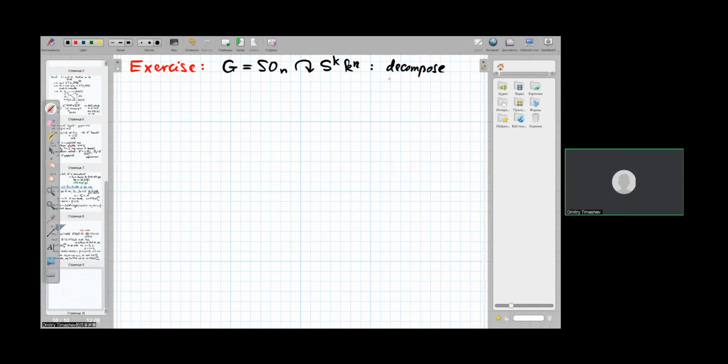Excuse me? What is S^k? Symmetric power, k-th symmetric power. S means symmetric power. This is the k-th symmetric power of this vector space k^n. So the exercise is to decompose this into irreducible representations.